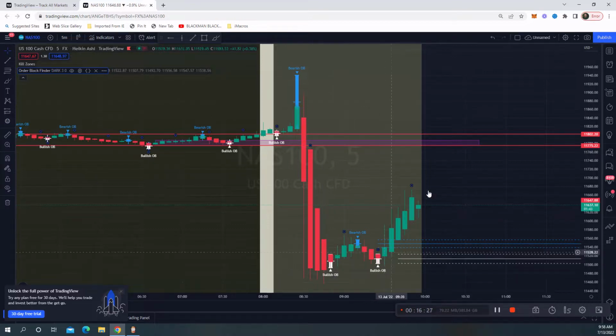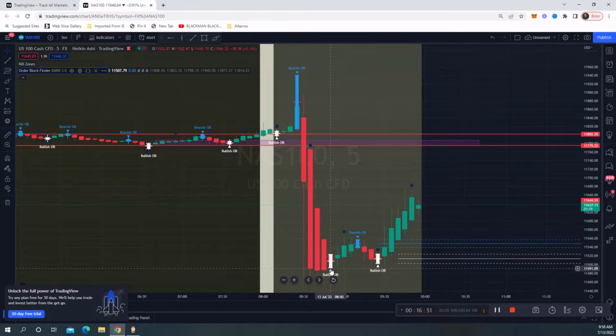And then boom, it takes off. So this order block shows up after 1, 2, 3, 4 candles. Now, as you can see, it looked like it might be retracing a little bit. And if it comes back down, it's going to come down 4 candles, just say, and then this will become the order block.